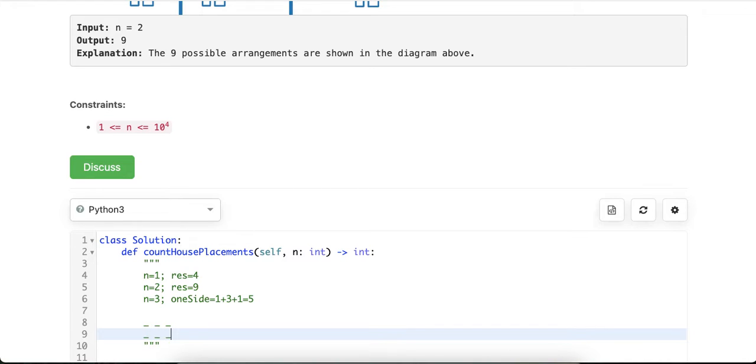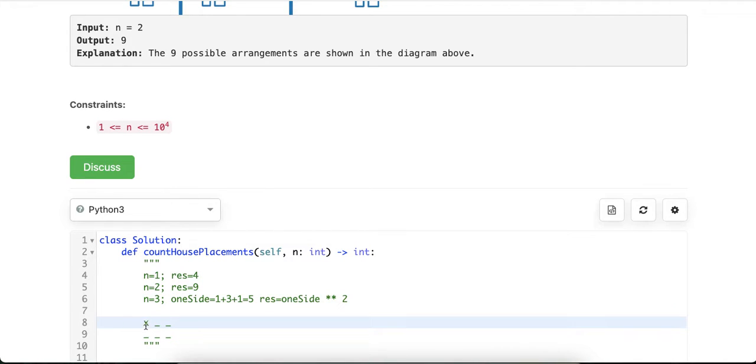Now, if we consider the other side, obviously the other side has the same thing and there is no relationship between each other. It means the result becomes one side squared. Why is it like that? Imagine when we have houses here at one side, the other side can have all these combinations, so that's 5 combinations.